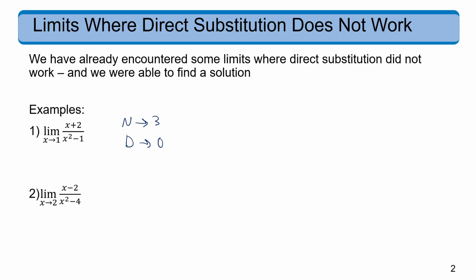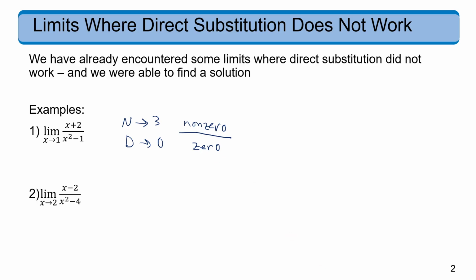When you end up with a non-zero number divided by 0 in this analysis, our fraction is looking like a non-zero number over 0. We saw this concept earlier: if the denominator gets closer and closer to 0, that makes the fraction get bigger and bigger. Since the numerator is just approaching a finite number that's not 0, and the denominator is getting closer and closer to 0, this fraction is getting infinitely large.